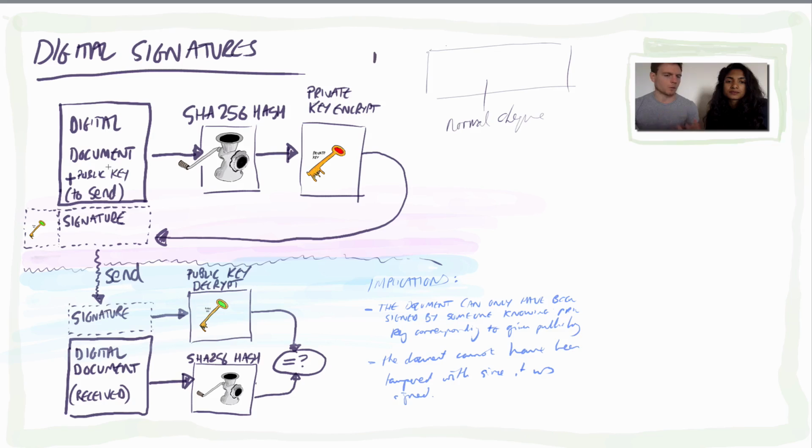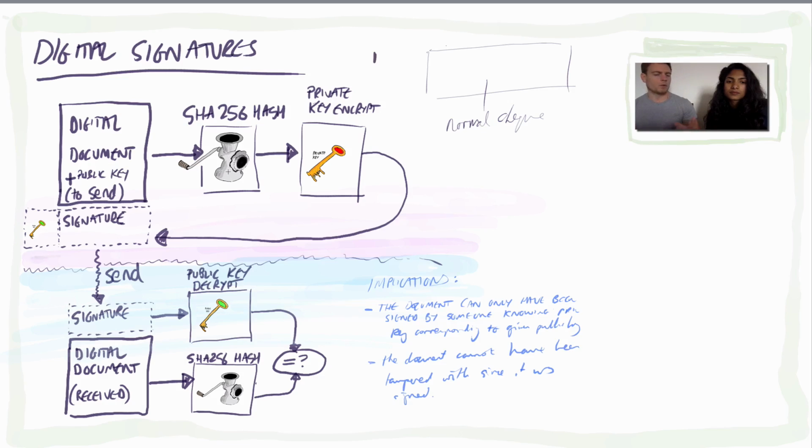I need to send it to somebody over email or whatever, and I need to make sure that the document they receive is exactly the same one that I send, that nobody in between has opened it up and changed some of the content.